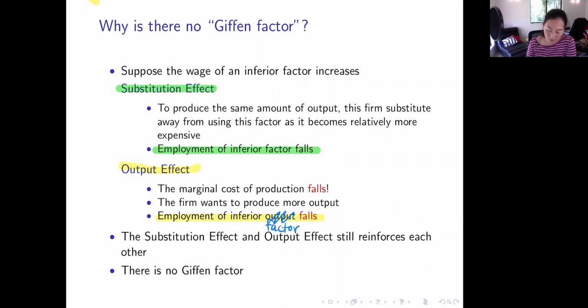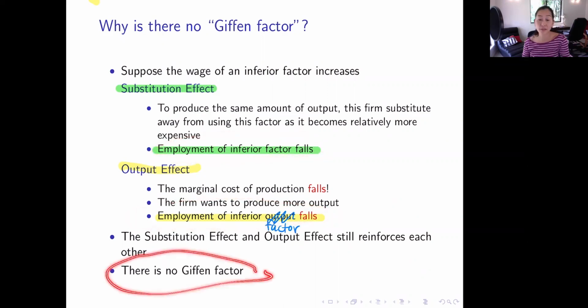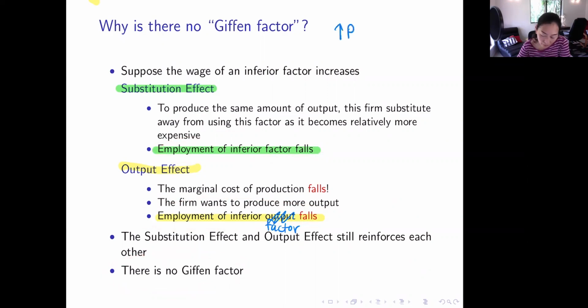Both effects reinforce each other. Therefore, we do not have a Giffen input, because a Giffen input means that when the wage increases, we would want to increase the input, which is not the case here.